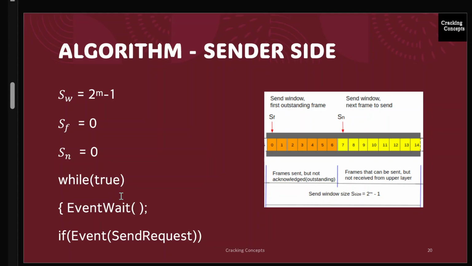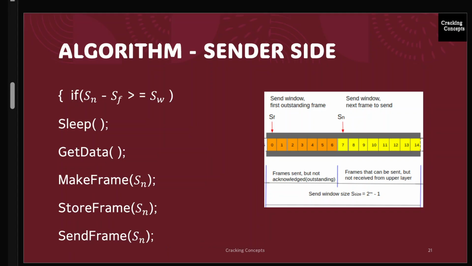So while true, the sender will be in a wait state. If there is an event called send request, it will check if SN minus SF is greater than or equal to the window size. If so, it will go into a sleep state.